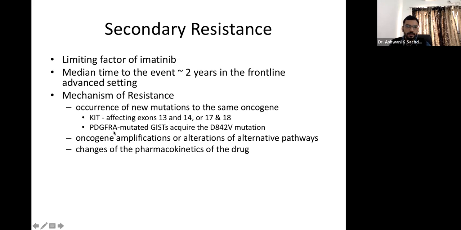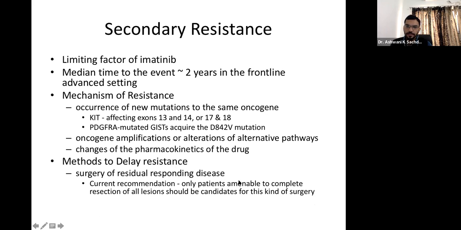In case of PDGFRA, the tumor may acquire D842 mutation if it was not present previously. And there can be oncogene amplification or alteration of the alternative pathways, and there can be changes in the pharmacokinetics of the drug. These are the various mechanisms for development of resistance.